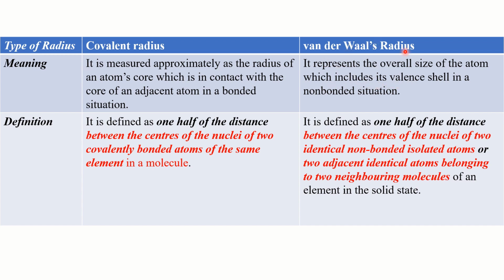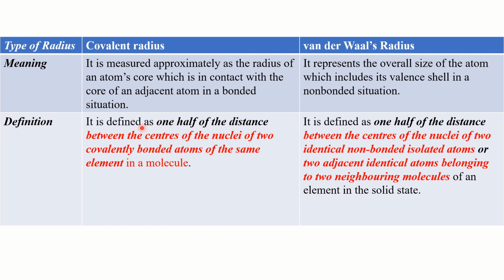Van der Waals radius is calculated among atoms belonging to neighboring molecules which are in a non-bonded situation. Covalent radius is calculated for an atom belonging to a covalent molecule in a bonded situation.